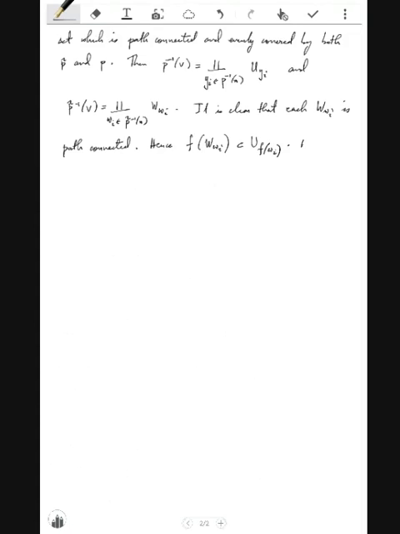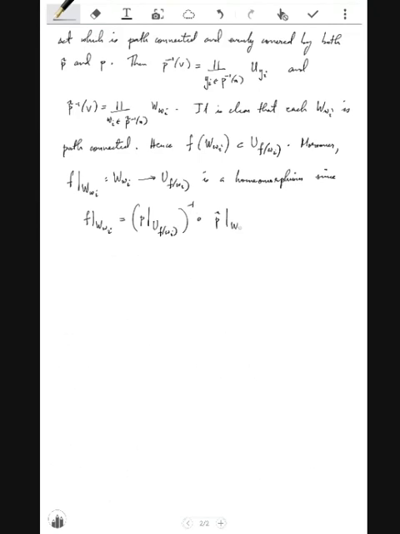Moreover, f restricted to W sub w_i from W sub w_i to U sub f of w_i is a homeomorphism, since f restricted to W sub w_i is equal to p restricted to U sub f of w_i inverse, composed with p tilde restricted to W sub w_i.